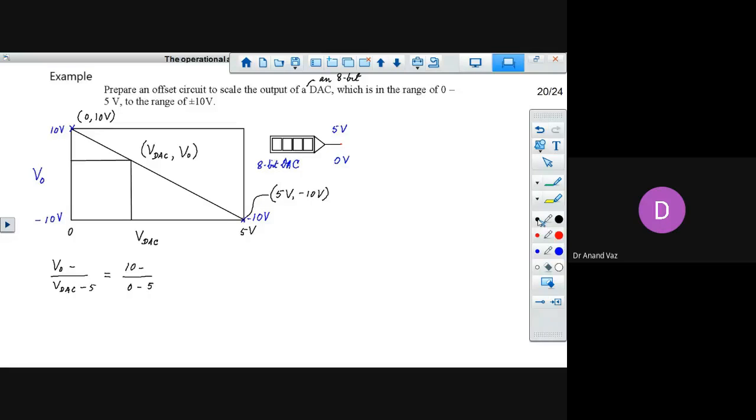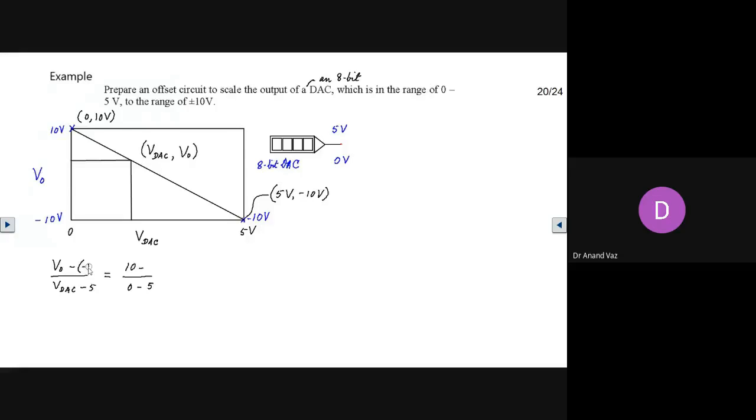So this will be V naught minus of minus 10 volts, divided by V DAC minus 5 volts, and that is equal to 10 volts minus of minus 10, divided by 0 minus 5.